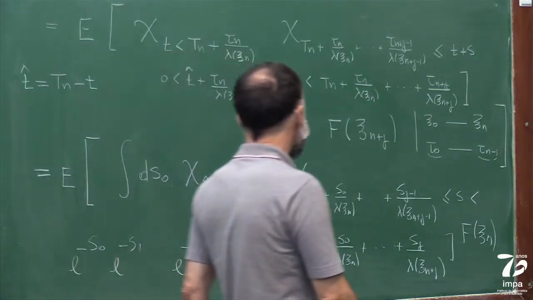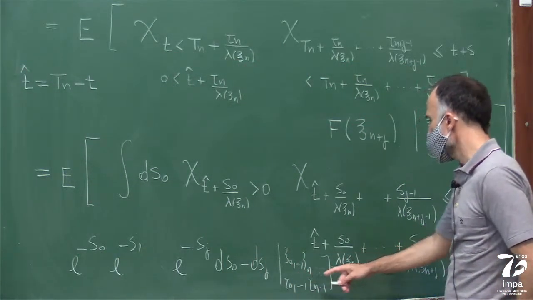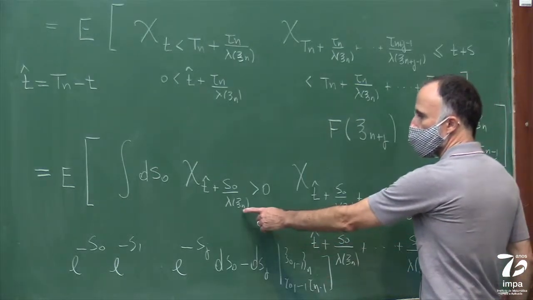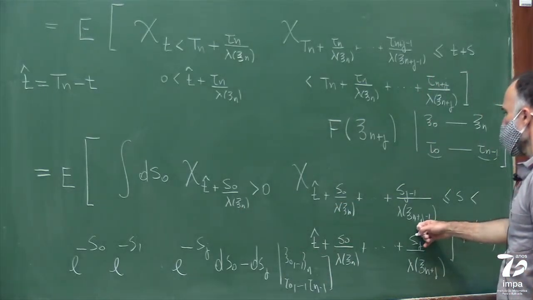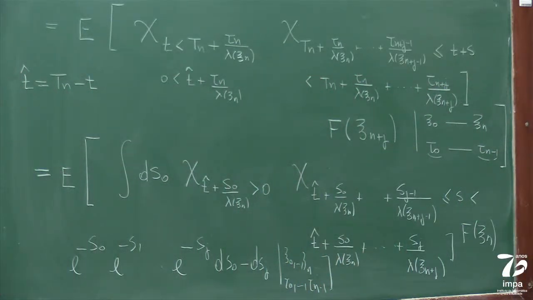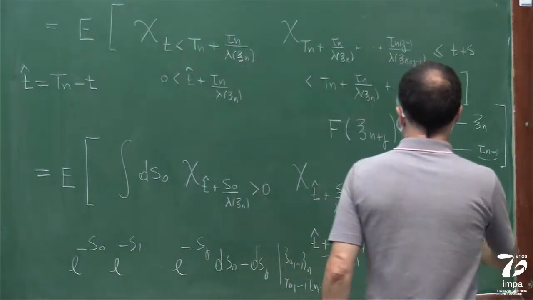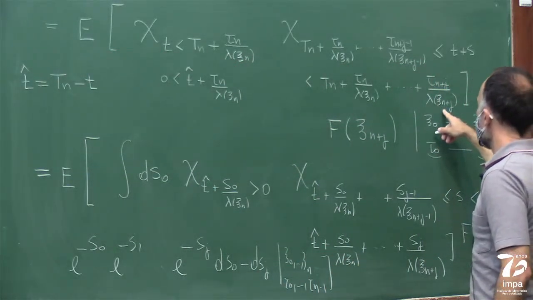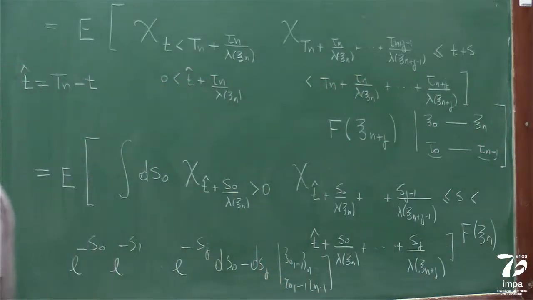So by taking the conditional expectation with respect to xi 0 up to xi n, xi n is known, but all these other variables are not known, so I will make a sum on all possible values for xi n plus 1 up to xi n plus j, so x1 up to xj.